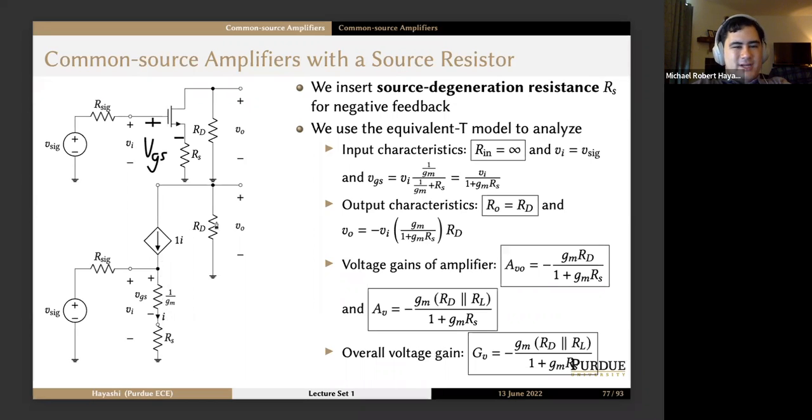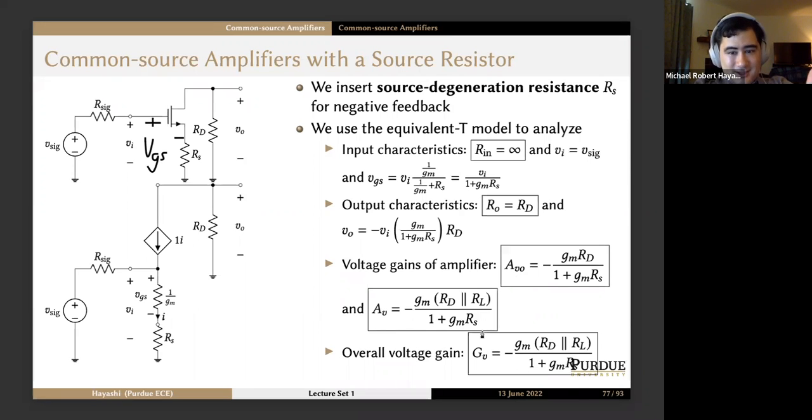And then that flows through RD, so we get a negative I times RD voltage right here. So the open circuit voltage gain is minus gm RD over 1 plus gm RS. And the voltage gain of the amplifier proper is minus gm RD in parallel with RL over 1 plus gm RS, same as the overall voltage gain.